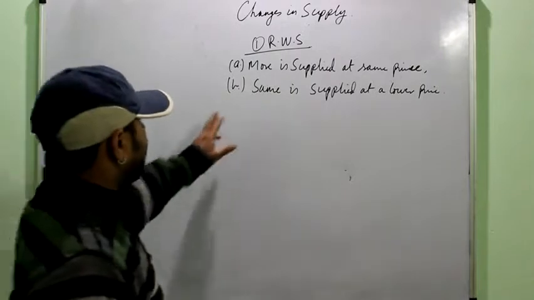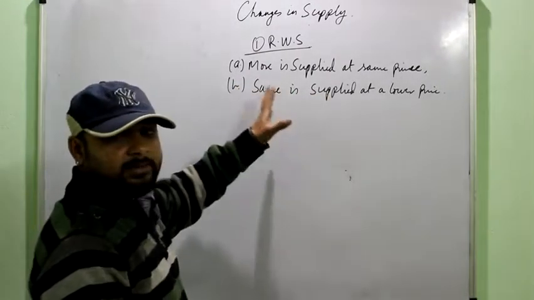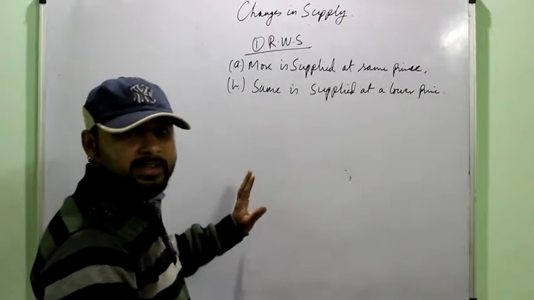Again the same logic, that first you can simply understand when seller is supplying more at the same price, it means that supply has increased or it is a rightward shift.